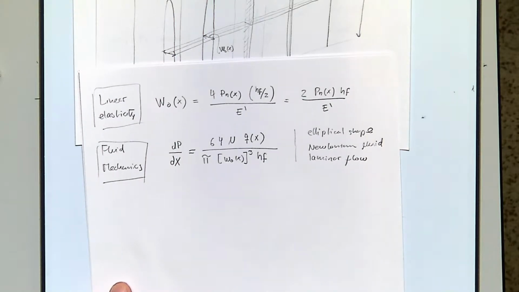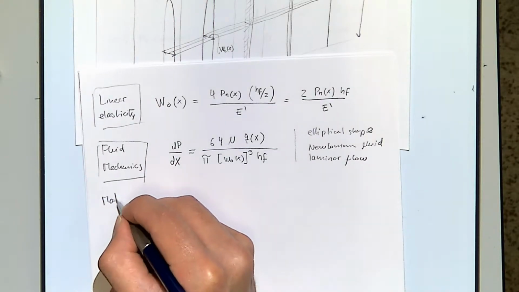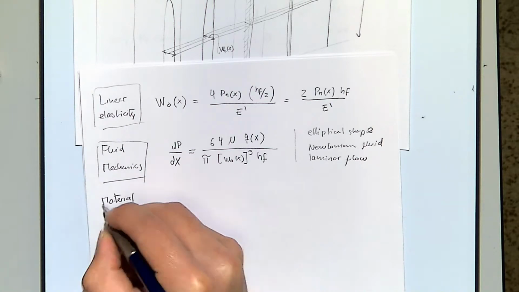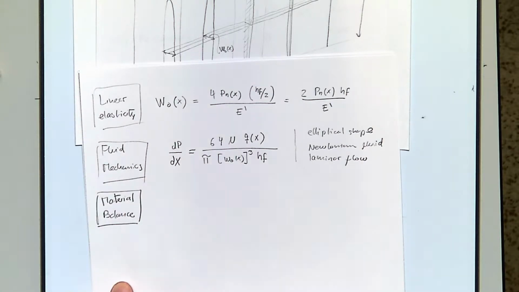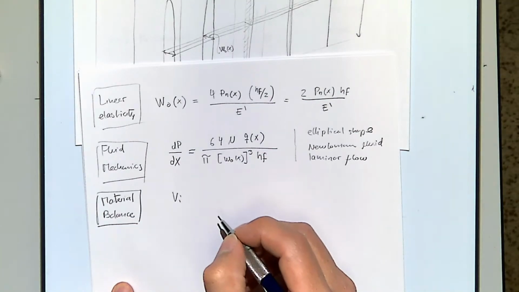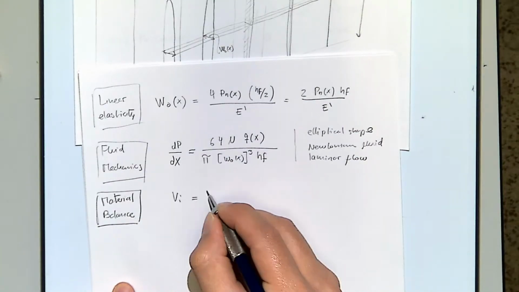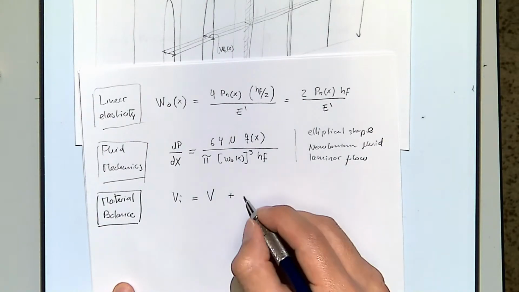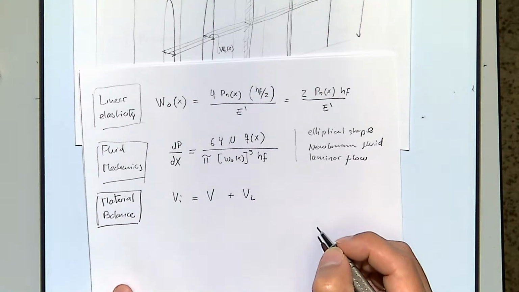And the third equation is what goes by material balance. And material balance, basically the injected fluid goes into 2 parts: the volume that stays in the fracture and the volume that leaks off.